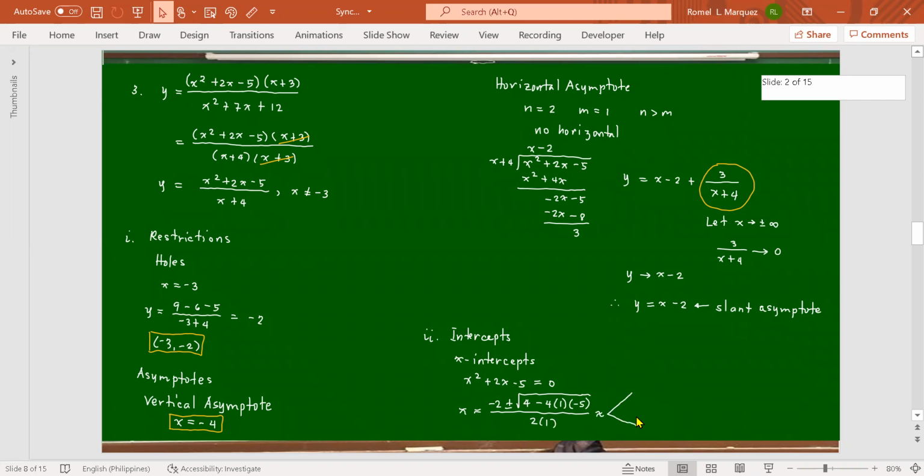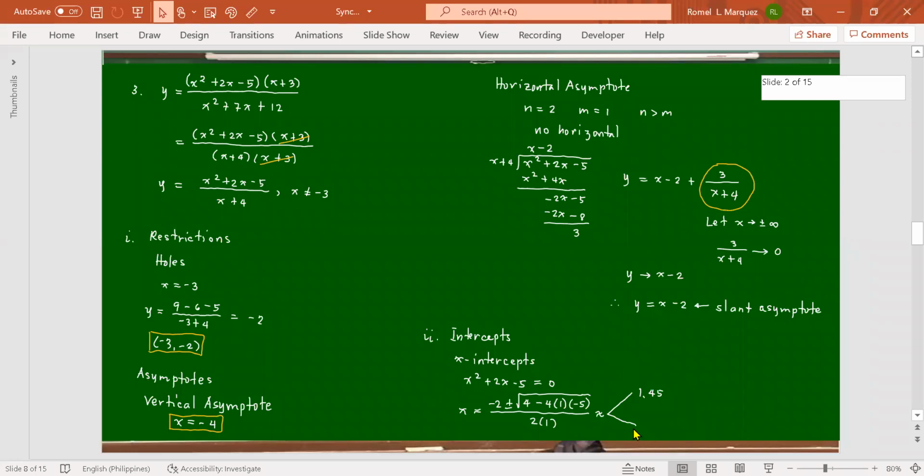Approximately, guys. Negative 2 plus square root of 4 plus 20, divided by 2. Approximately 1.45. Okay? Yung isa, negative 2 minus square root ng 4 plus 20, divided by 2 again.